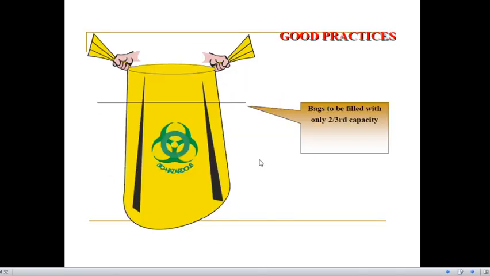Now what are good practices? If you are supposed to collect the waste, then the waste bins or bags should be filled with only 2/3 of the capacity. So the bags shouldn't be full, and it should only be of 2/3 capacity.